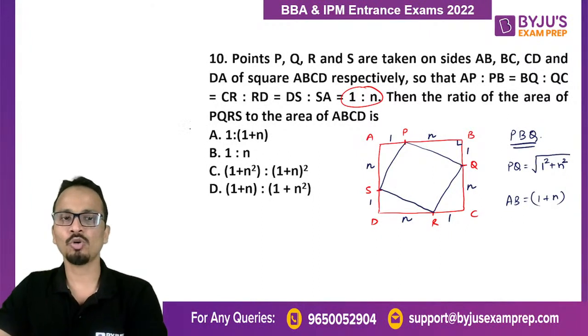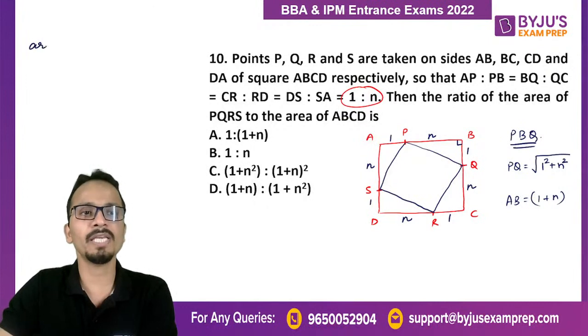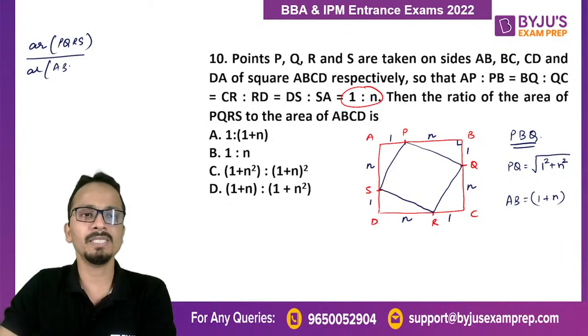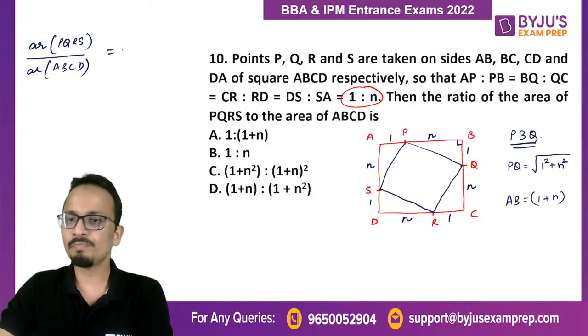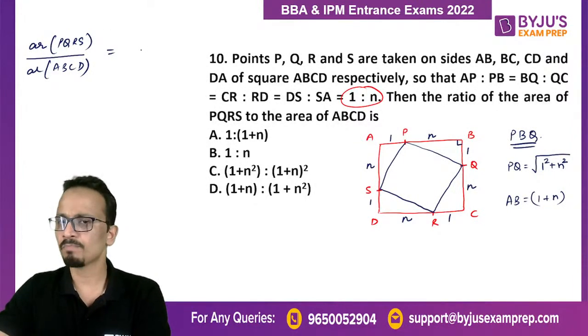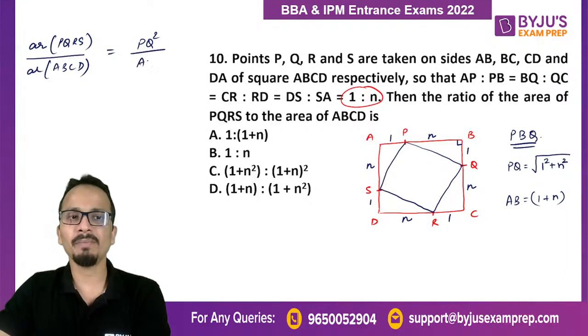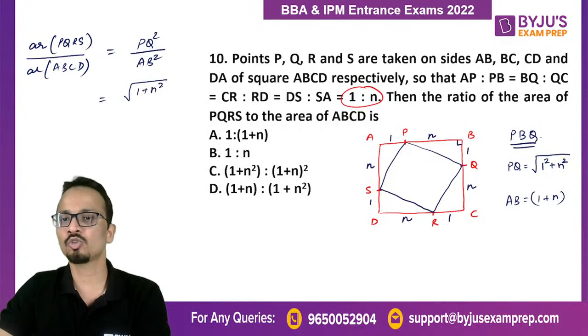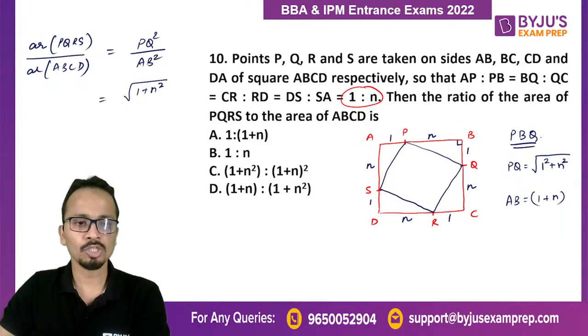Now we have to find the ratio of the areas of PQRS and ABCD. So area of PQRS will be PQ square, and area of ABCD will be AB square. So PQ is under root of 1 plus n square. So PQ square will be under root of 1 plus n square, square it, so the under root sign is removed.